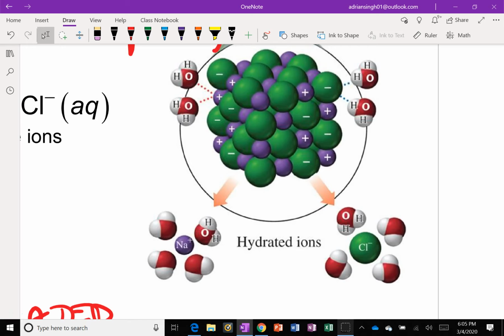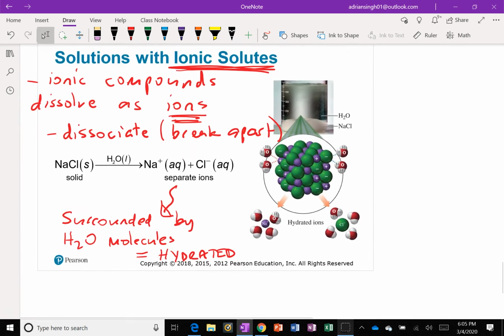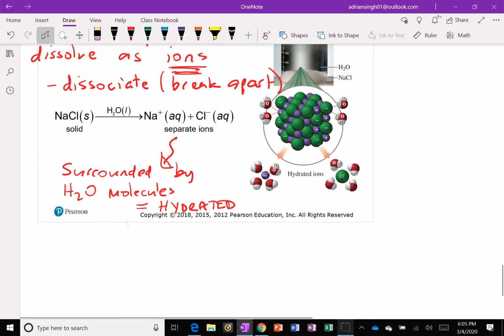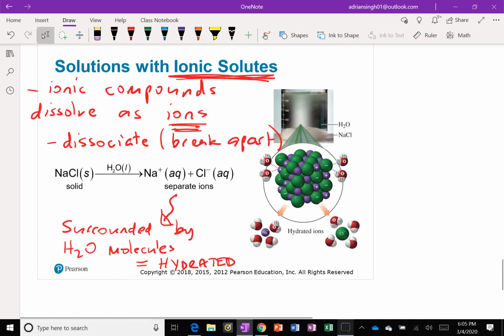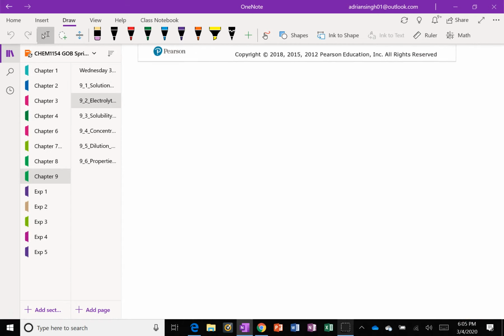And similarly, the positive ends of the water molecule, the H's, are close to the negative chloride ion. So that's how this hydration happens that allows the sodium chloride to dissolve in the first place as it breaks apart, or dissociates, into ions. So whenever an ionic compound dissolves in water, this is the mechanism by which it is going to do that. It splits into its component ions that become surrounded by water molecules.